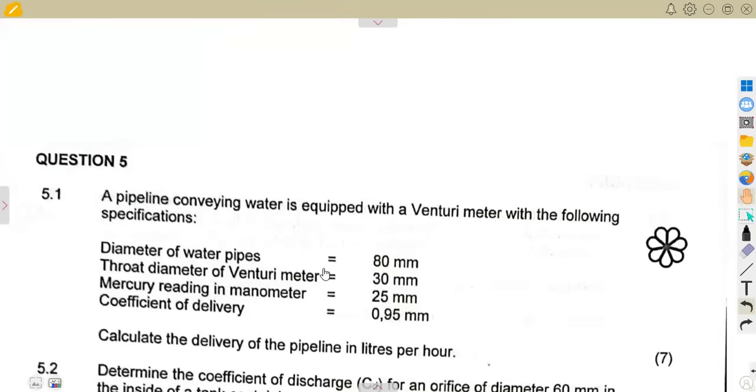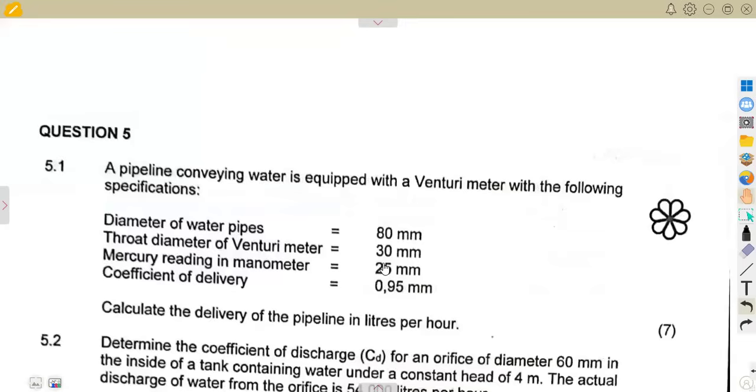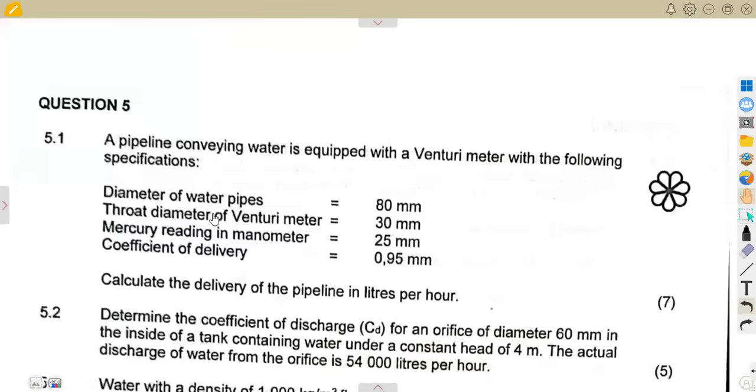Did I have an introduction of the Venturi meter? But anyways, it is having a Venturi meter, and we are given the diameter of the water pipe, the throat of the Venturi meter, the mercury reading of the manometer, and so forth.